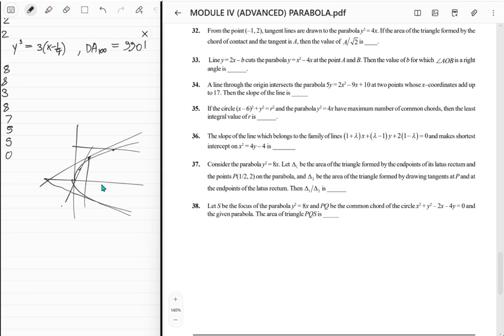Okay, fine. So that you actually get a representable value. Okay, so this area is what they're calling delta 2, and then delta 1 is the area of triangle formed with endpoints of the latus rectum and this point. So this triangle's area. Okay, this is complicated, isn't it? Right.